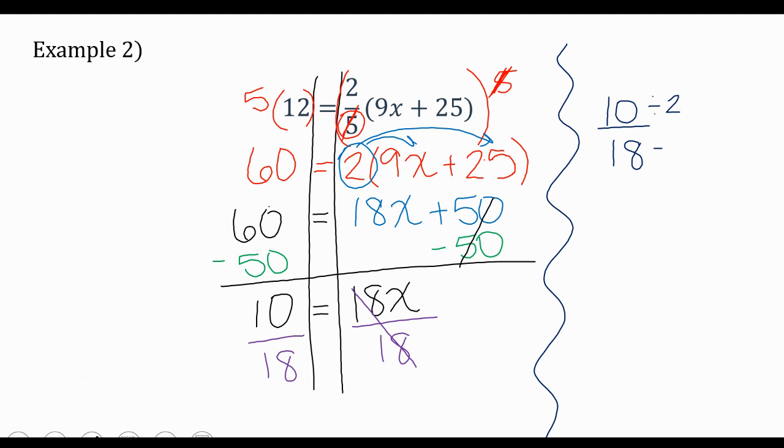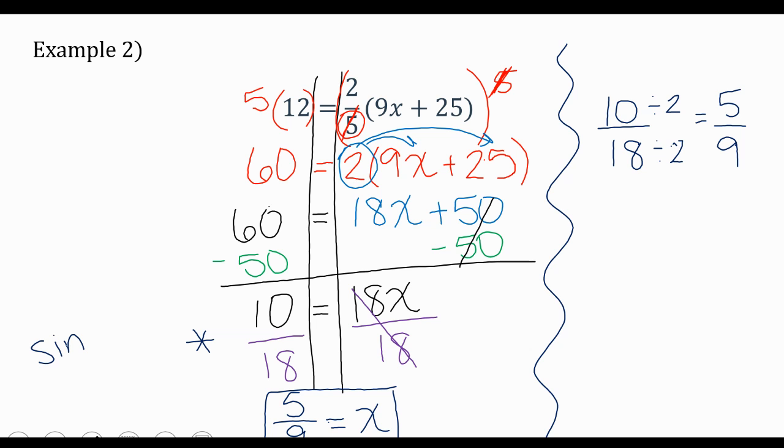So we're going to divide both of them by 2. And we're going to get 5 over 9. So that is our answer. So 5 over 9 equals x. Please do not forget to simplify your fraction. You must simplify or else it will not be marked as correct.